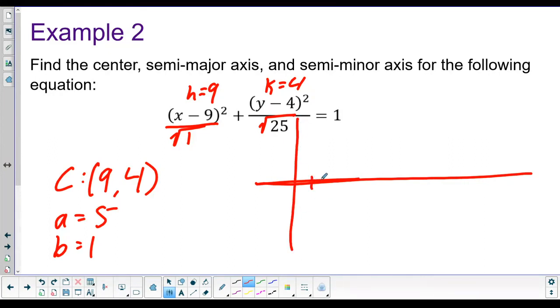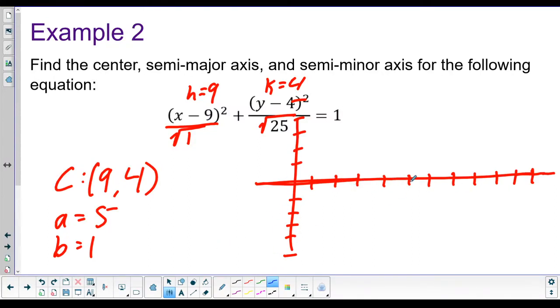So what that means is, oops, I'm going to need a lot more room than that, right? So we're going to go 1, 2, 3, 4, 5, 6, 7, 8, 9, 10, 11. My Spanish knowledge of numbers ends there. All right. 1, 2, 3, 4, 5. Oh man, you can tell that my horizontal axis is a little less compressed than my vertical, but c'est la vie.